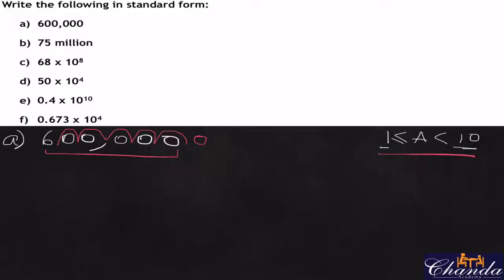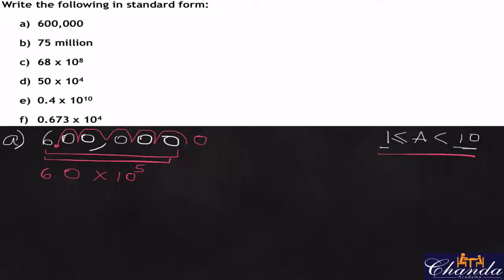Because moving the decimal point right there turns this number into 6.0. And then we can write it in terms of the power of 10, so times 10. Now, the number of spaces that we moved backwards is the actual power for the number 10. So since we moved 5 spots backwards, that is times 10 to the power of 5.